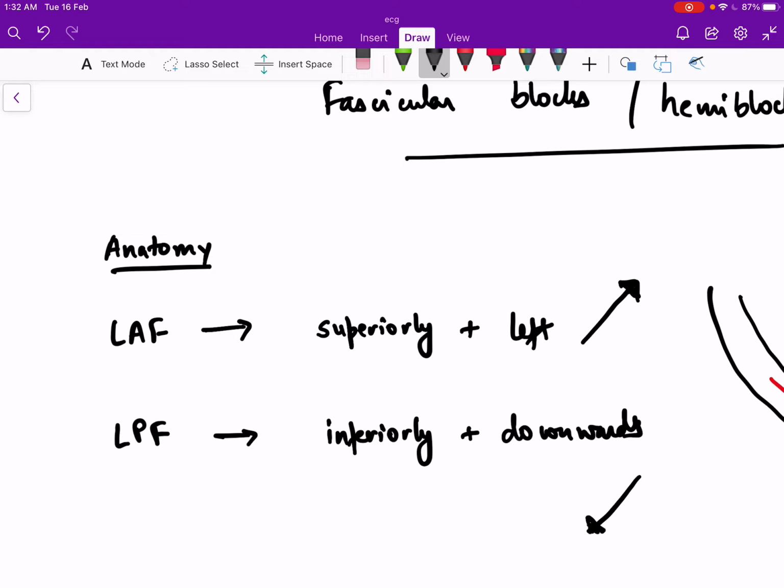Left anterior fascicle faces superiorly and towards the left. The left posterior fascicle faces inferiorly and downwards.